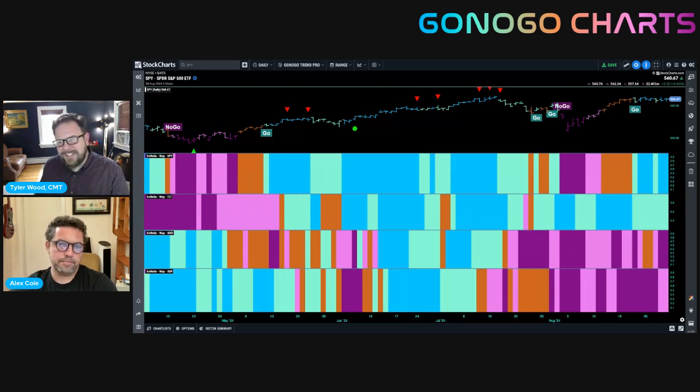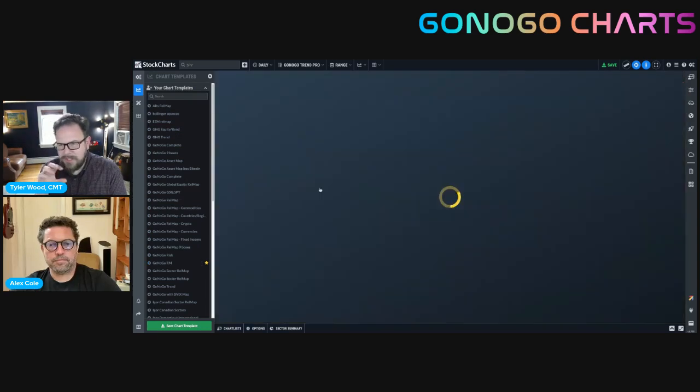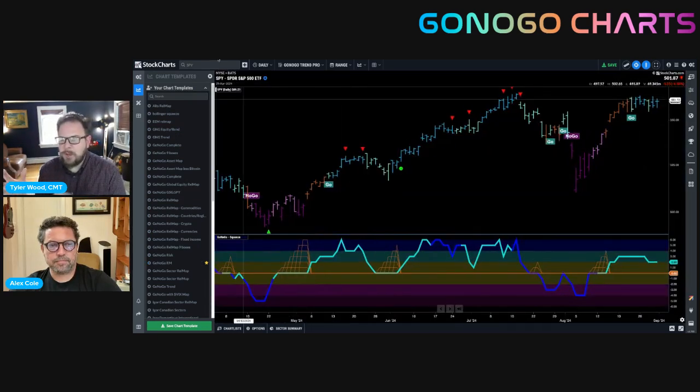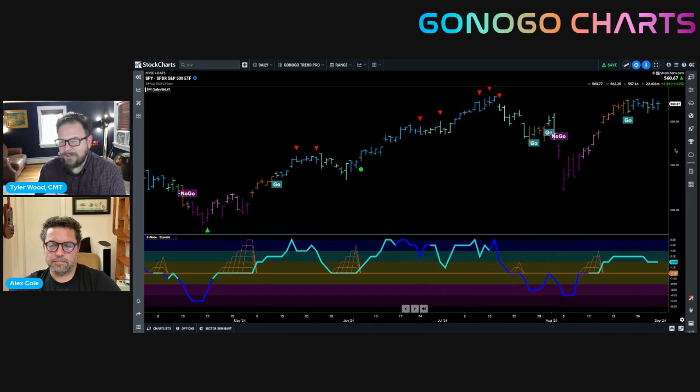So Alex, let's take a look at the S&P 500 on a complete GoNoGo chart. We're going to look at both the trend model, which is in that top price panel. If you're new to GoNoGo charts, what we're doing is combining and blending a number of widely used and heavily tested technical indicators, but removing the indicators from the chart. We want to avoid analysis paralysis, simplify our data visualization.